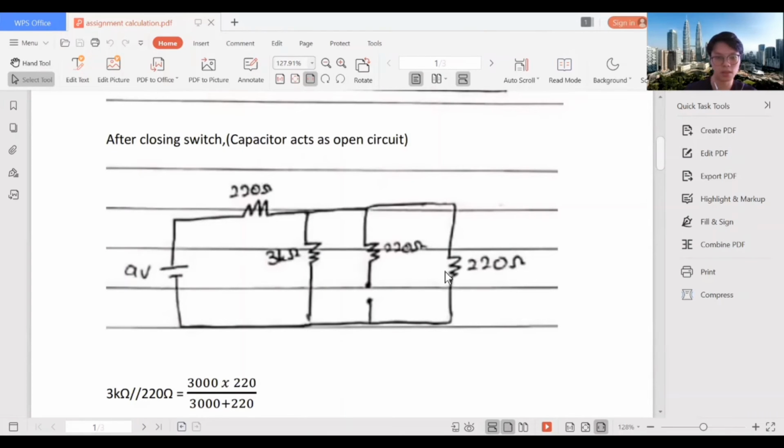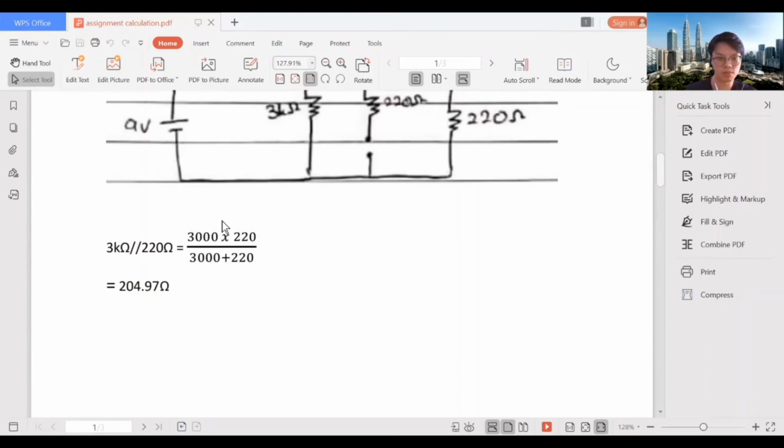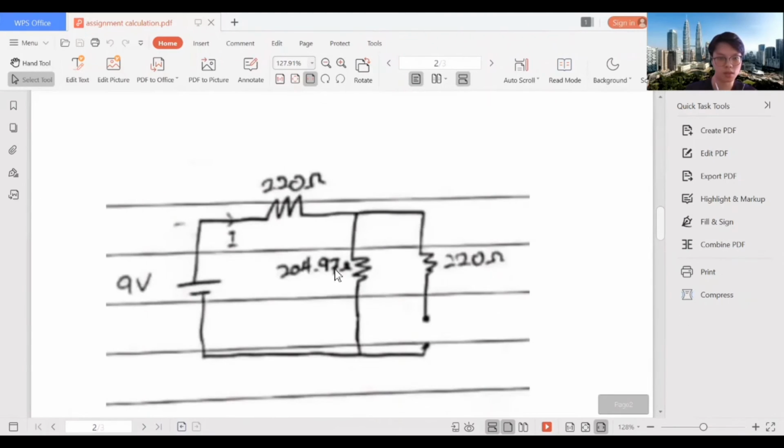So we can use the parallel resistor formula to find the equivalent resistance. So we can get 204.97 ohm. After this, we can draw another circuit like this, and the capacitor is still an open circuit.